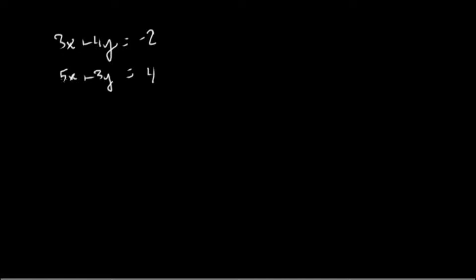But what I want to look at is using matrix multiplication. This system of equations can be converted into an equivalent matrix equation. That's going to look like the matrix 3, 4, 5, 3. We call this the coefficient matrix.